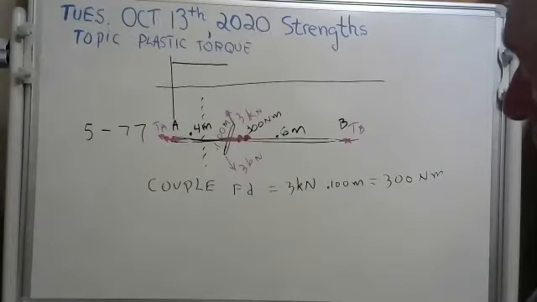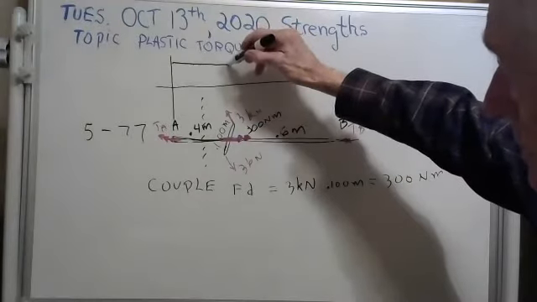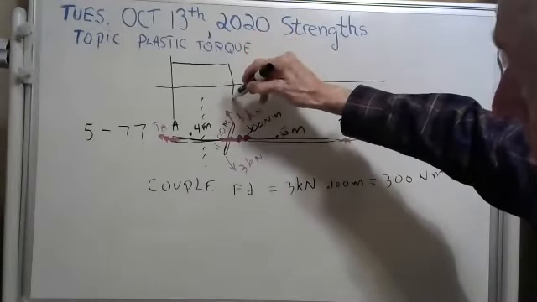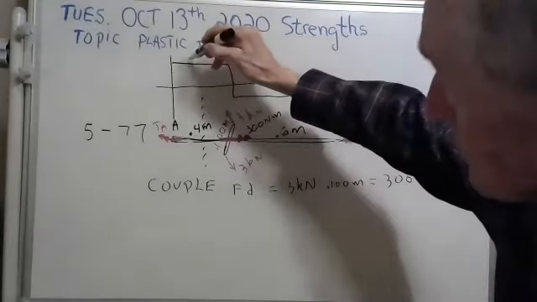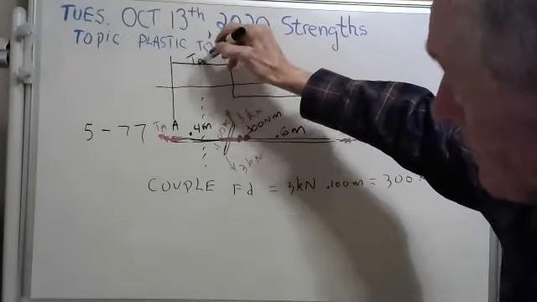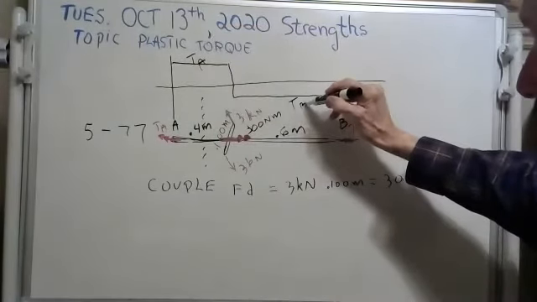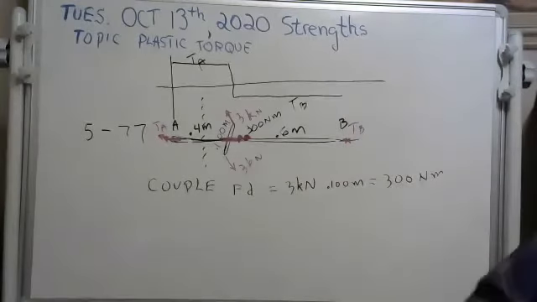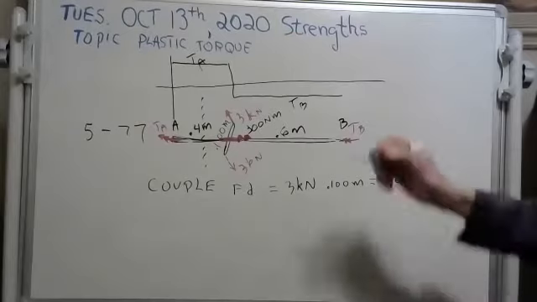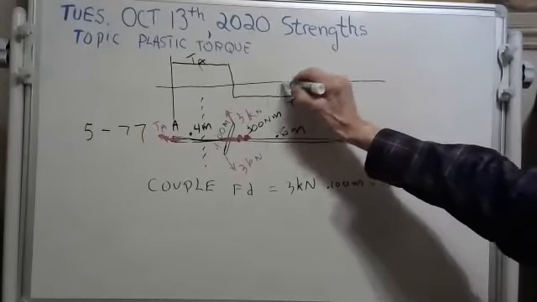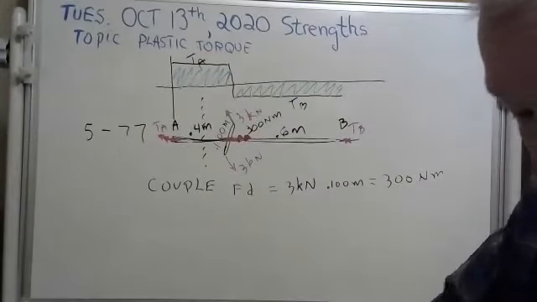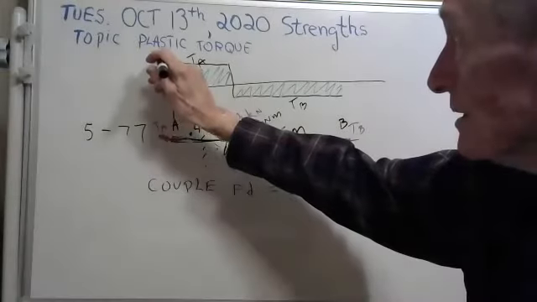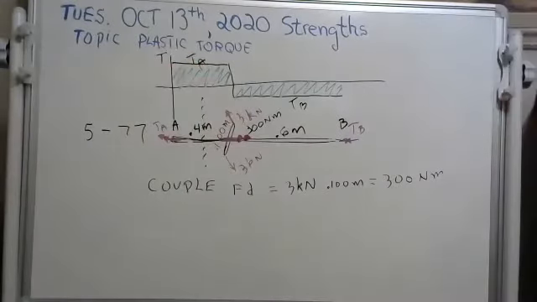And then what happens is you drop down 300 Newton meters, and then the rest of the way you got, well, see, this is TA, and this is TB. And you can color that in if you like and make it pretty. Here, let me color it. We'll make it pretty. There we go. We have just drawn the torque loading diagram.